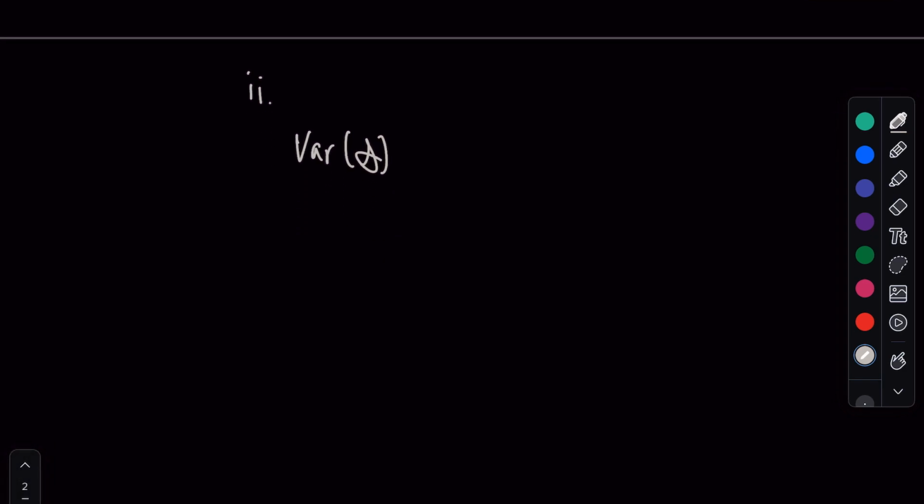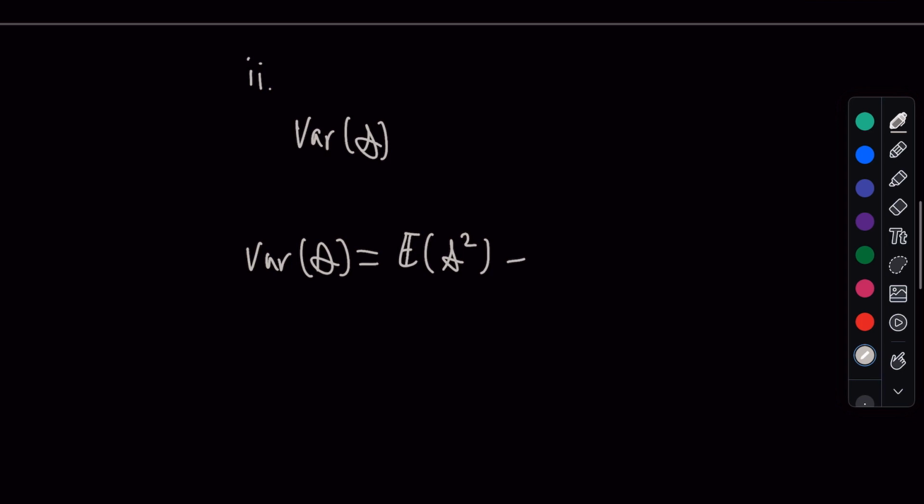The way we're going to find this is maybe not so much, but the equation for variance is the expected value of S squared, minus the expected value of S, then squared.